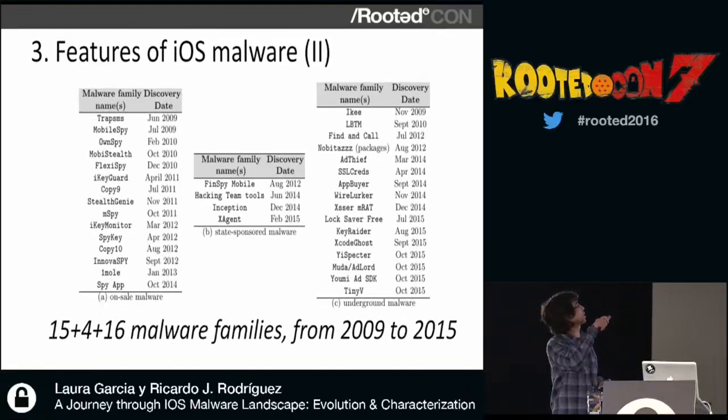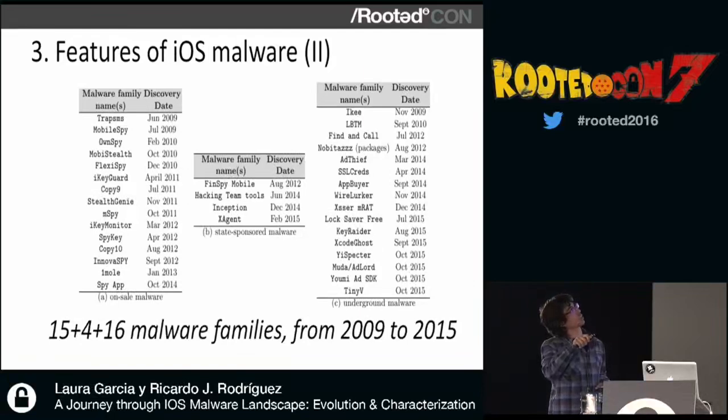On the left, the 15 samples of malware family names for public selling. The very first dates back to June 2009. The latest one, October 2014. Malware family name, state-sponsored malware. We can take out four examples.